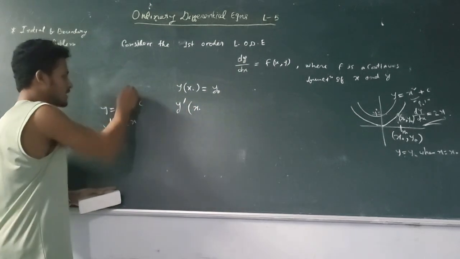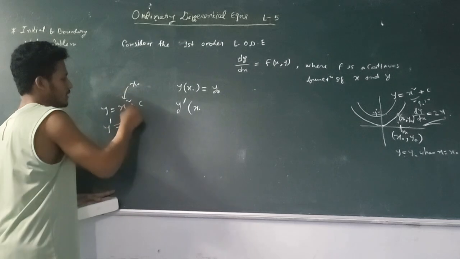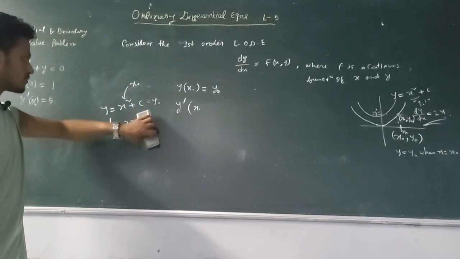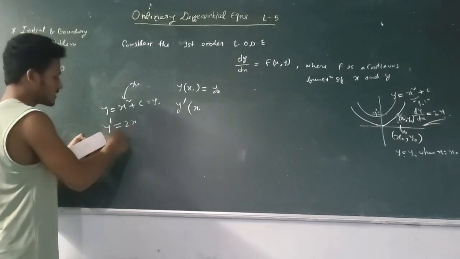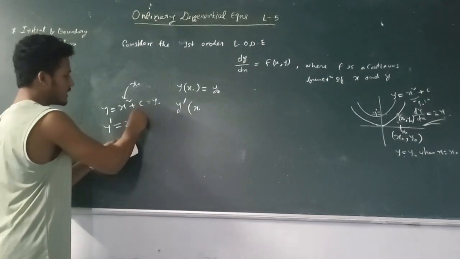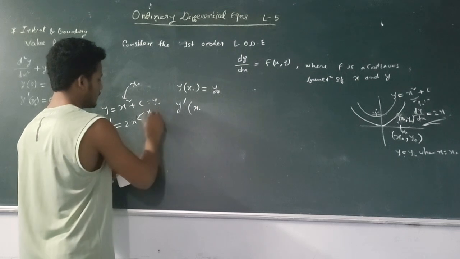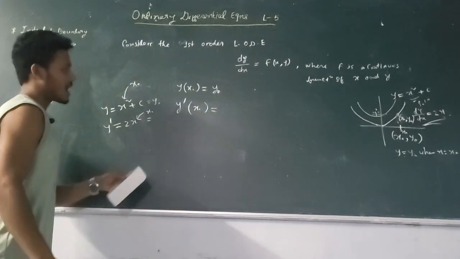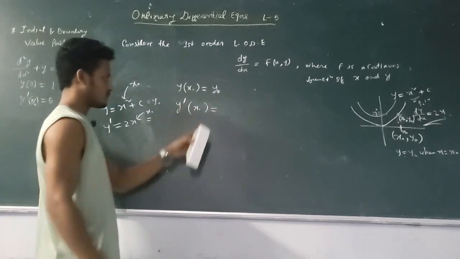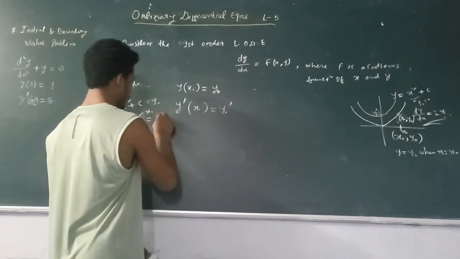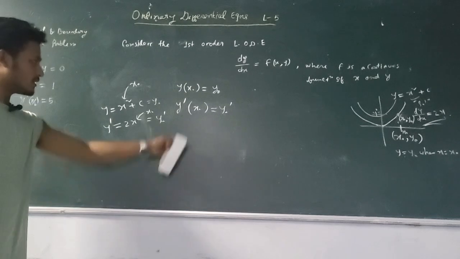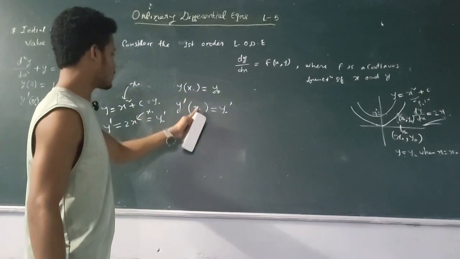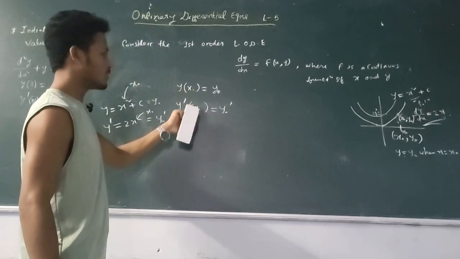That means put here x naught and you will get y naught. Then after differentiating, this is y dash, put here x naught and you will get another value, y naught dash. This is a one point initial condition, because the condition is given at only one point, that is x naught.